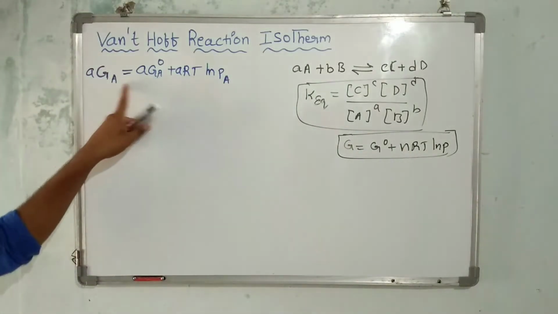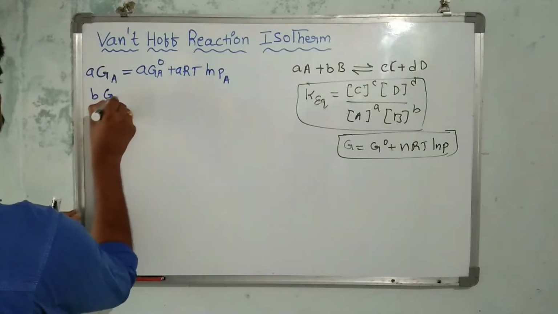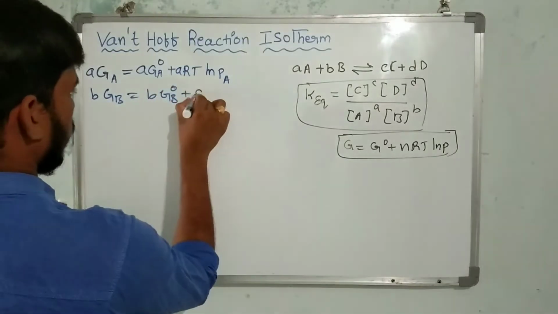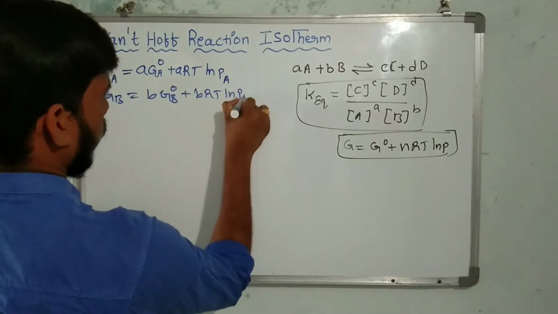This is the Gibbs free energy of component A, as well as G_B equal to B times G_B naught plus B RT ln P_B.